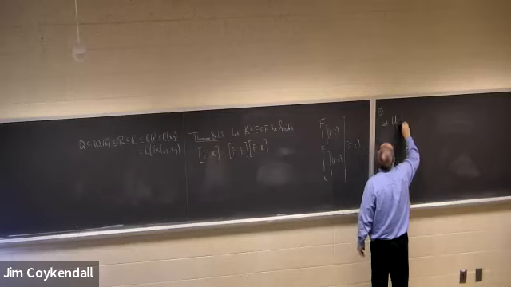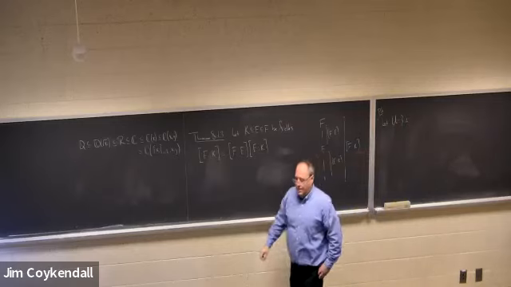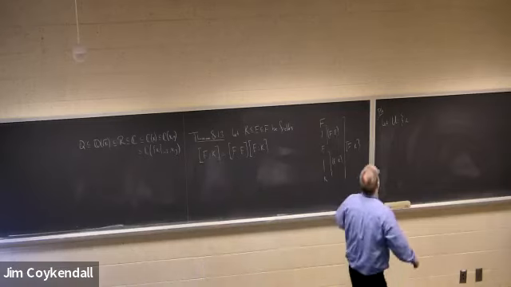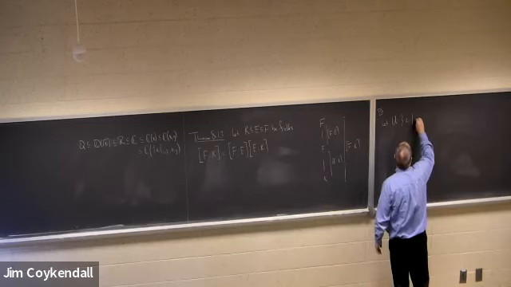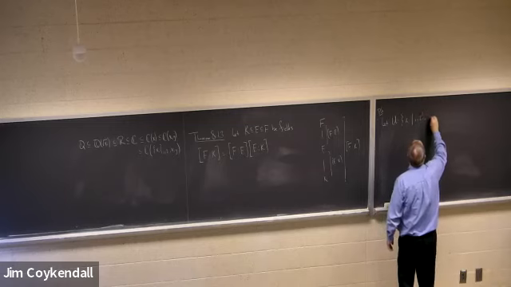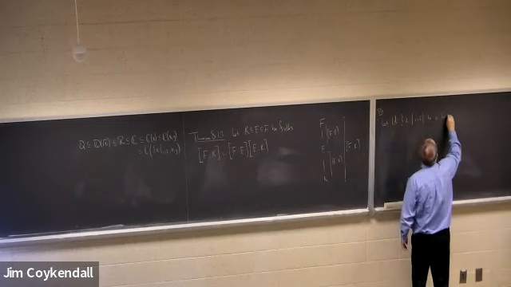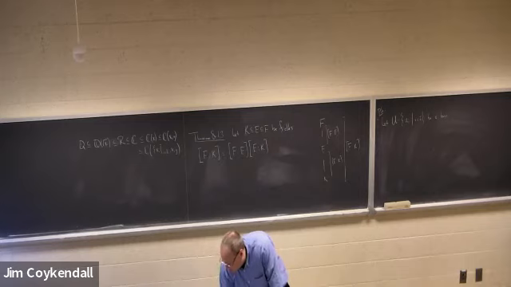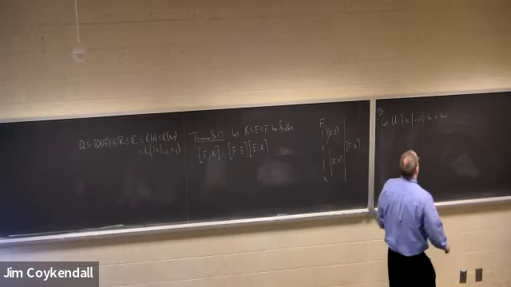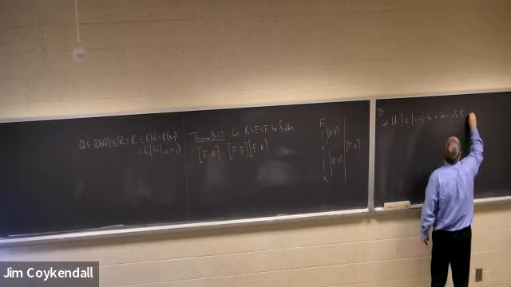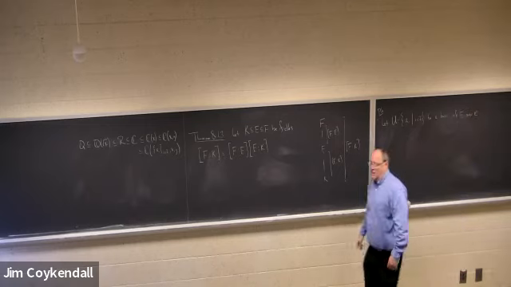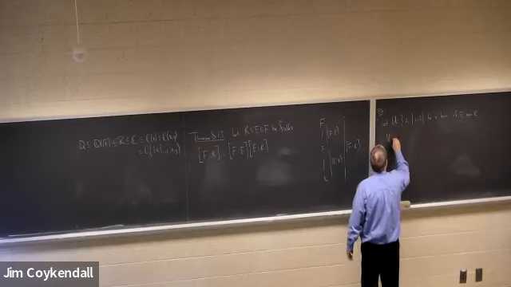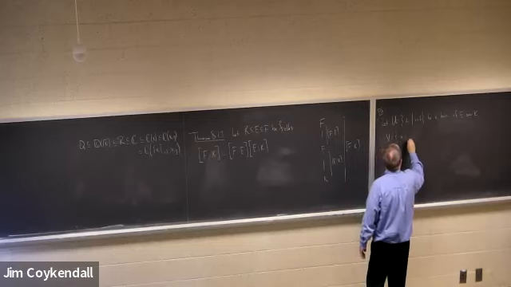Let A_i, with i in an index set I, be a basis of F over E. And let's go E over K, and B_j, with j in an index set J, be a basis of E over K.